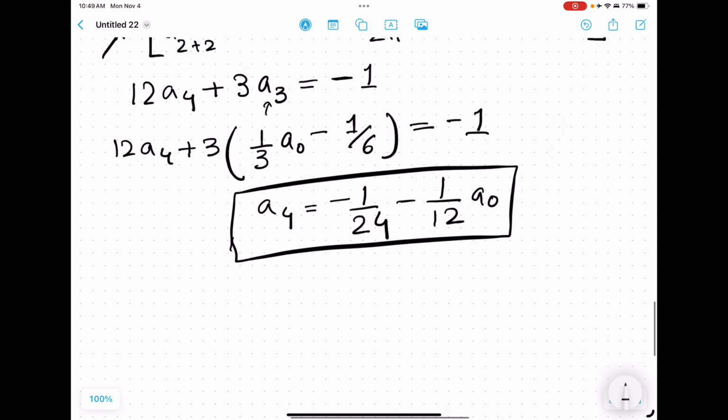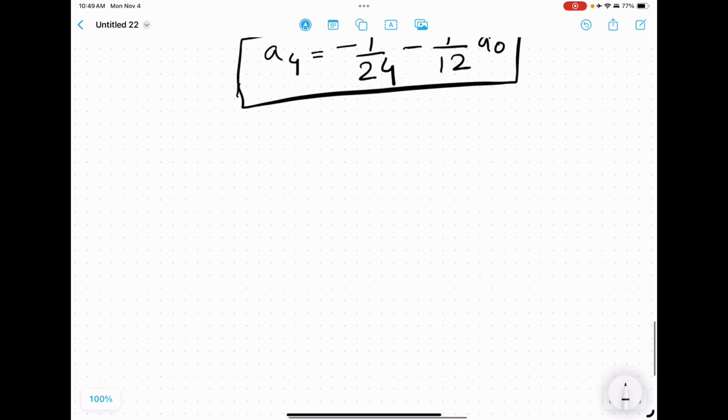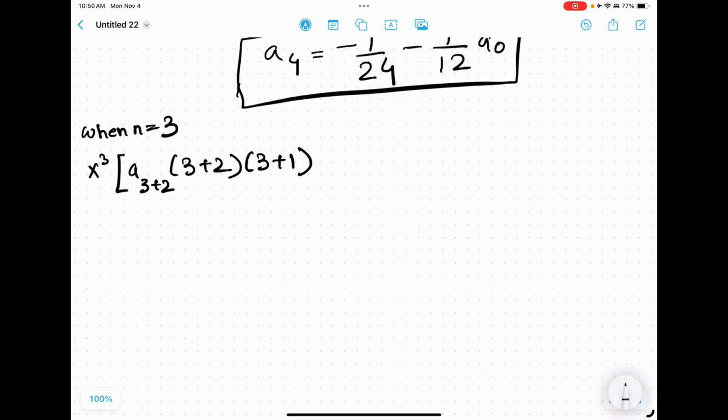And then similarly, let's do it for n is equal to 3. So when n is equal to 3, plugging n equal to 3 into my expression, I have x cubed times a sub 3 plus 2 times 3 plus 2 times 3 plus 1 plus a sub 3 plus 1 times 3 plus 1 minus 3a sub 3 plus 2a sub 3.